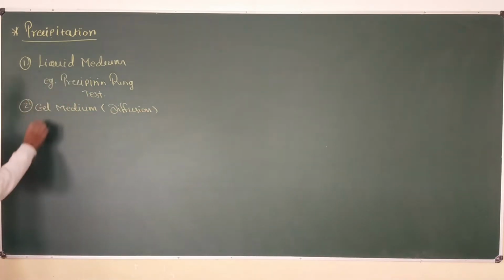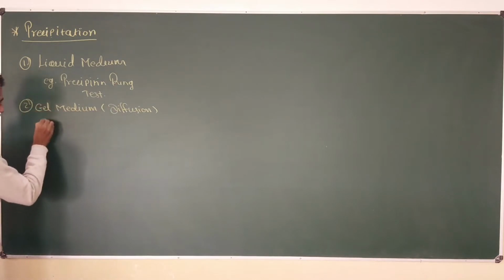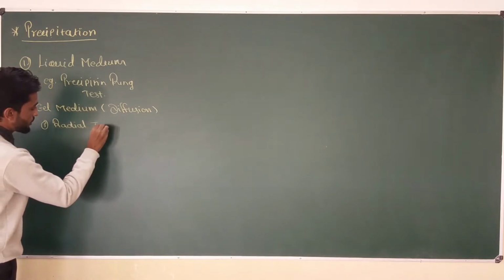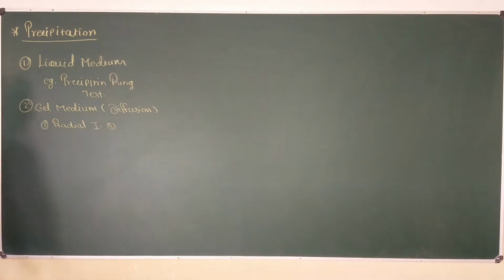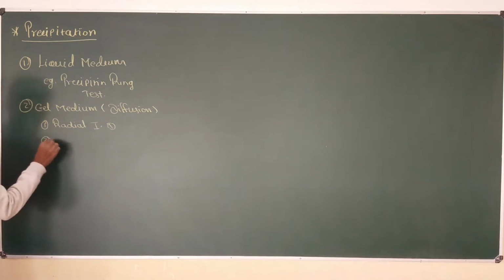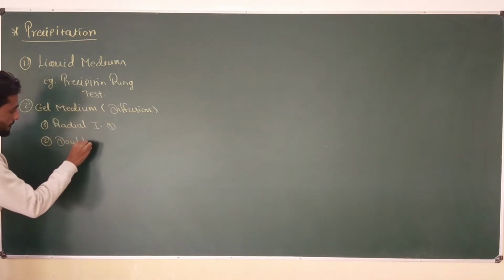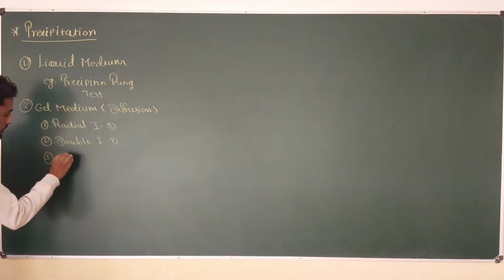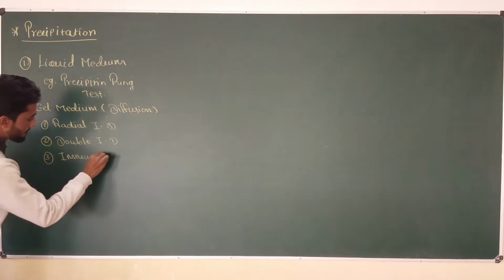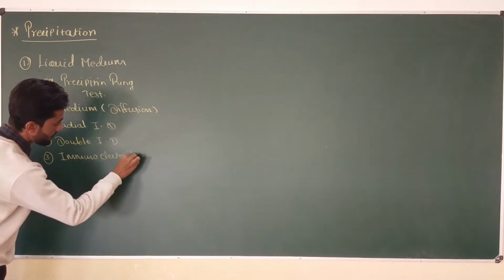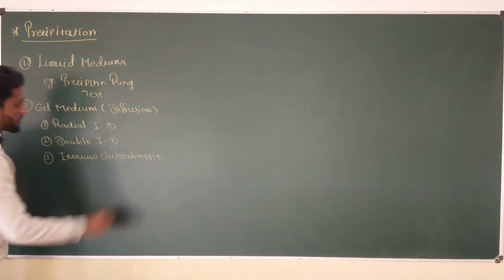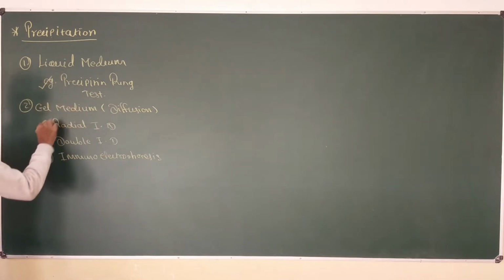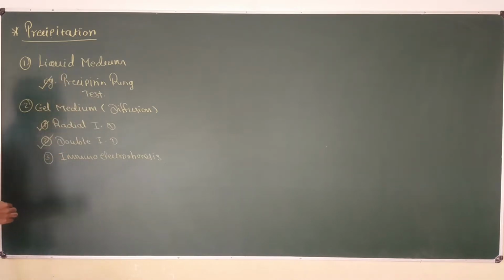The examples of gel medium or diffusion are radial immunodiffusion, also called single radial immunodiffusion, then double immunodiffusion, and third, immunoelectrophoresis. So we have already talked about the precipitation ring test, radial immunodiffusion and double immunodiffusion in the last few videos.